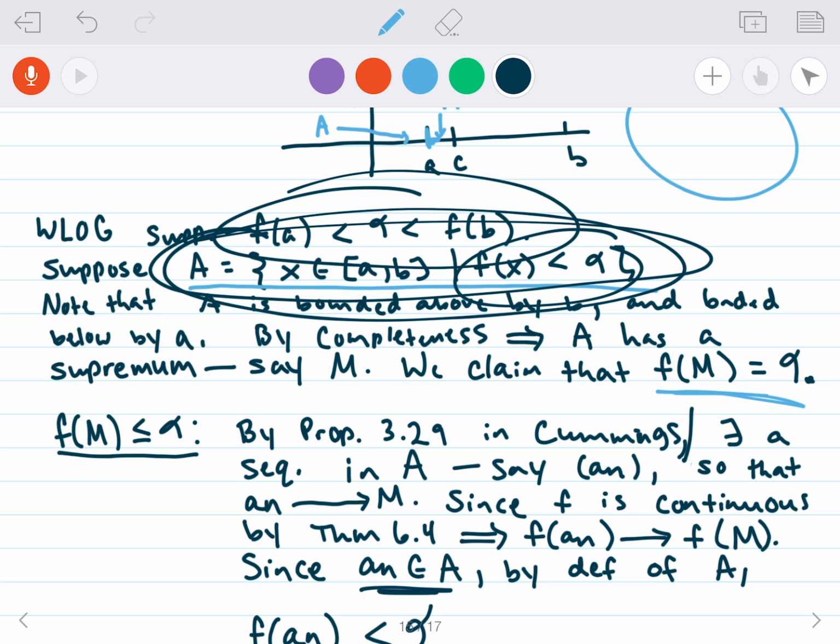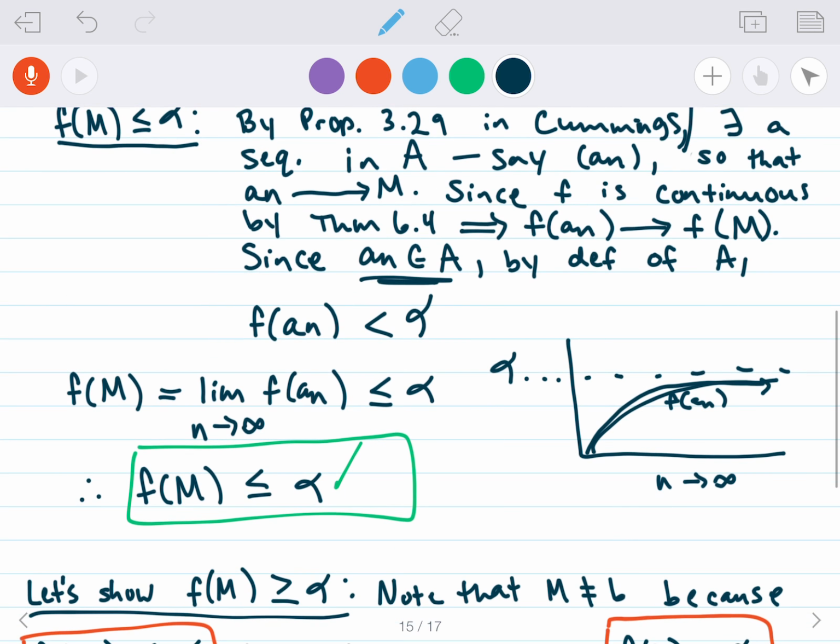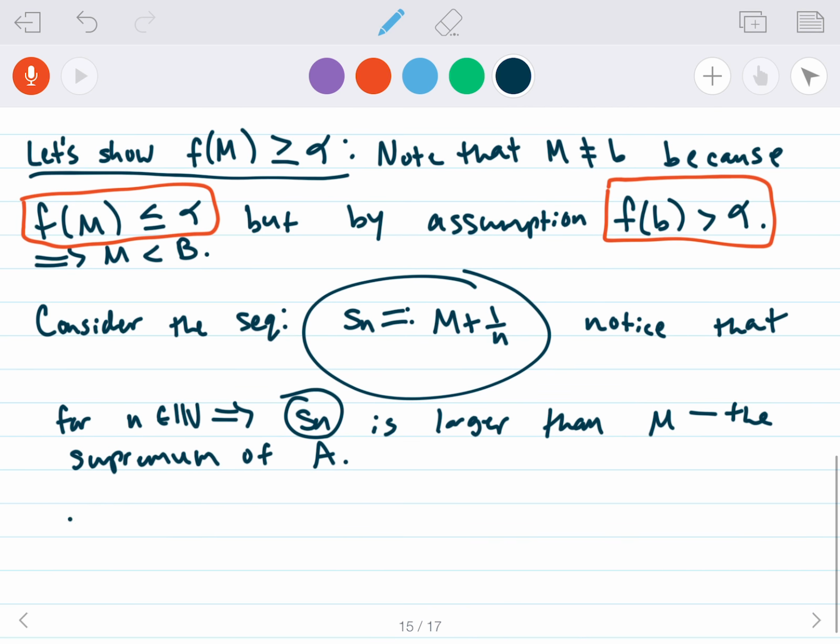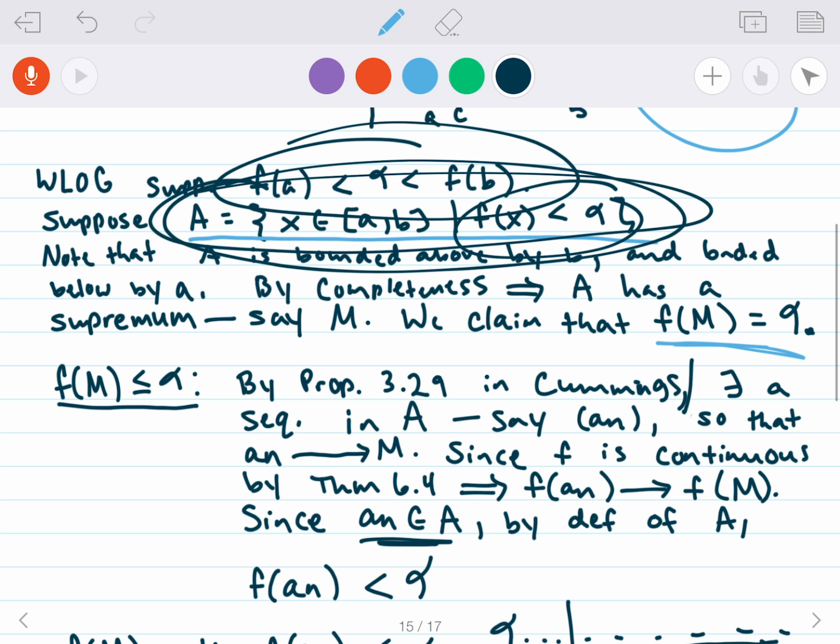S sub n will be larger than the supremum, so S sub n is not going to be in A. So let's write that down. Is not in A. And so what is the definition of A? Well, the definition of A, again, is all x in this compact interval so that f of x is less than alpha.